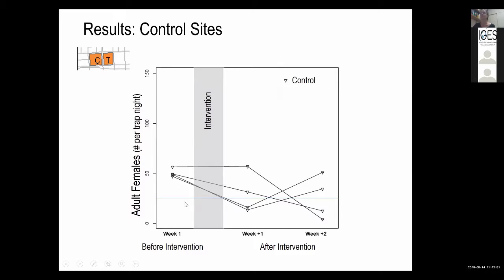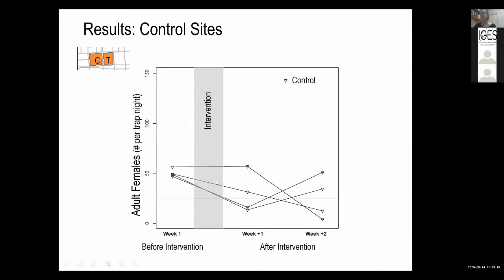And so these are the data on those control sites. And so the control sites, we had the week before intervention, we went out and we sampled adult mosquitoes. And then we had our intervention week, and we didn't sample that week. And then we went back a week after the intervention and 2 weeks after the intervention. And so that's what you see here. And the blue line here is the mean for the control across all those weeks.